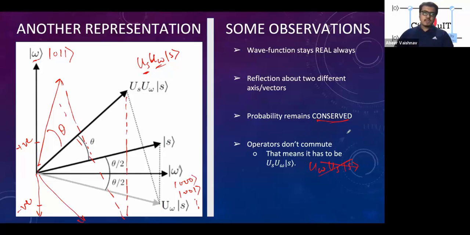This will be something else. So they don't commute. And another observation is that alternate US and U omega operations are applied to this state in order to get to that particular probability.